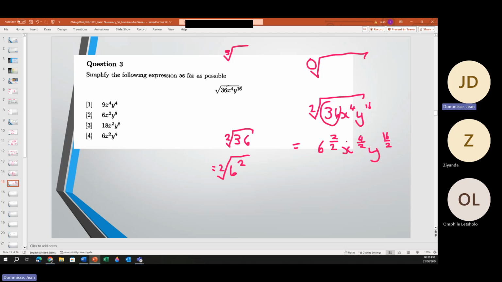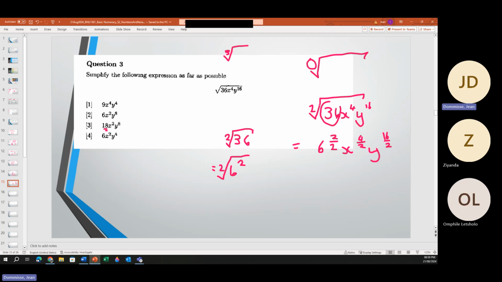Okay, so don't forget that we need to square root the 36 as well. And it's not 36 divided by 2, because there is an option for that. It is 36, that you say, well, it's 6 to the power of 2 that gives you 36.